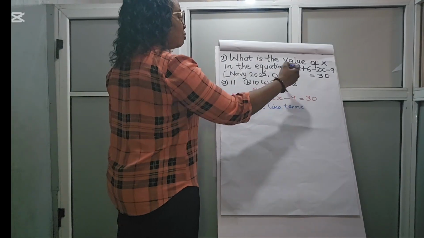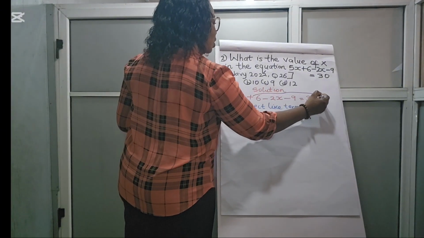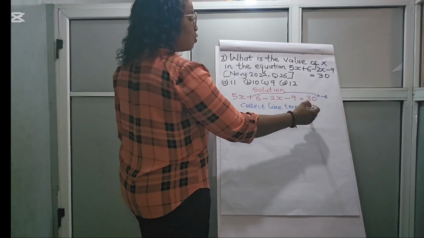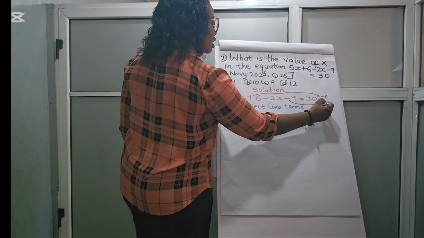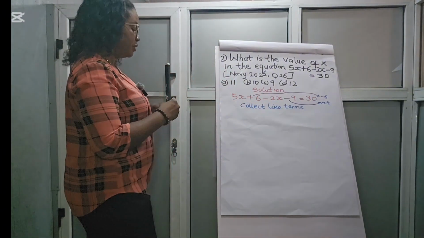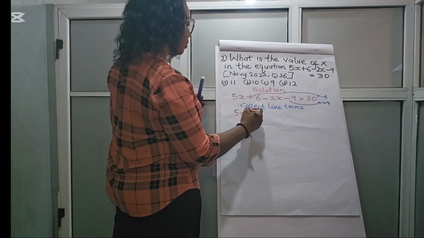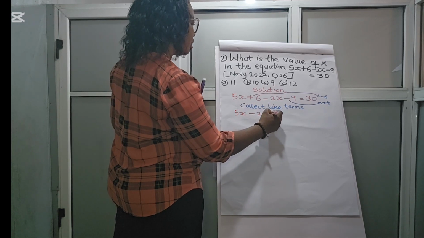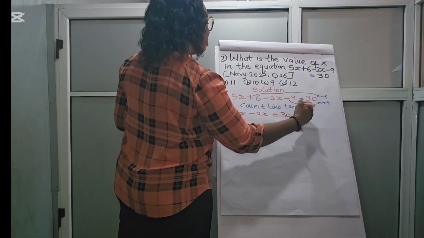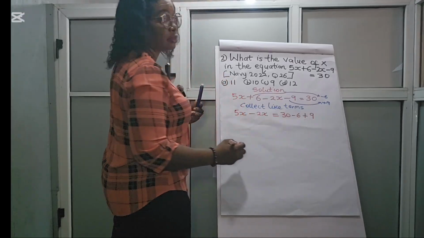So plus 6 is moving to 30 with its positive sign, which will change to minus 6. And minus 9 is also going to move across the equality sign, and it will become plus 9. So what we have left in the equation is 5x minus 2x equal to 30 minus 6 plus 9.